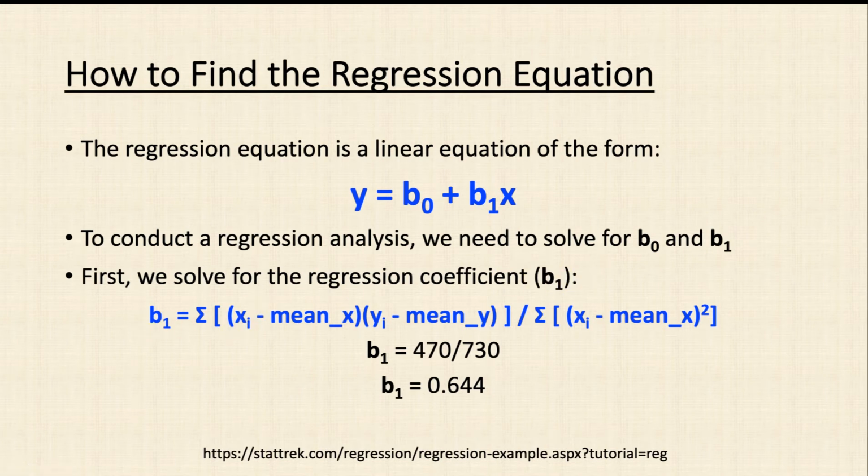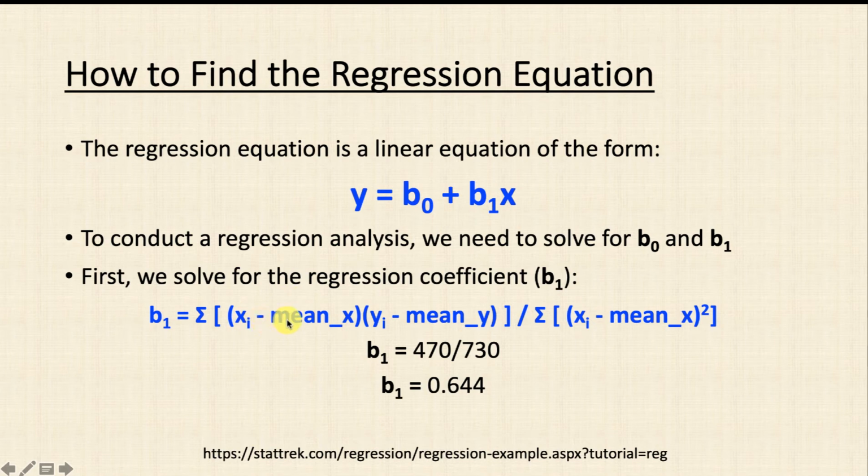Based on our previously calculated values, you can put the values here. So the summation of xi minus mean of x, yi minus mean of y, divided by the summation of xi minus mean of x, squared. Instead of mean of x, you can also write x bar.